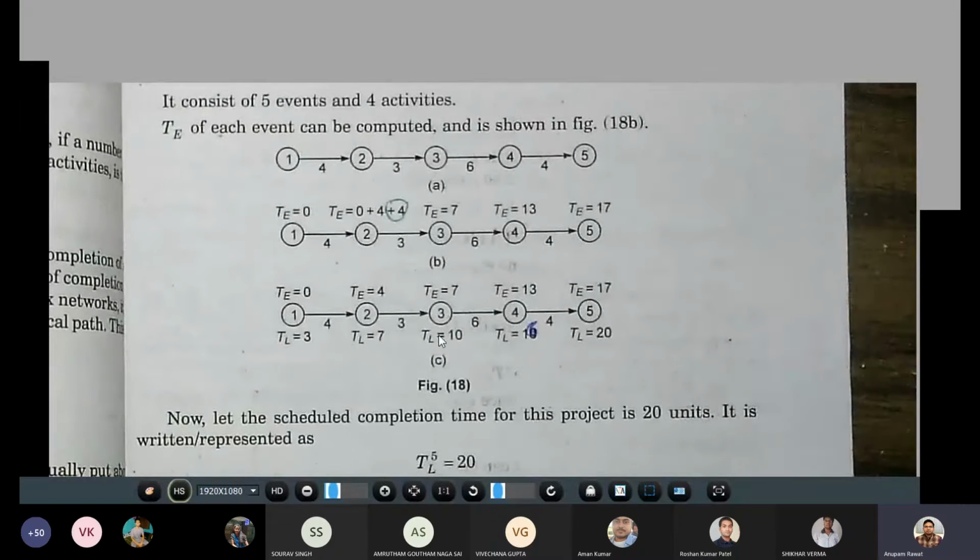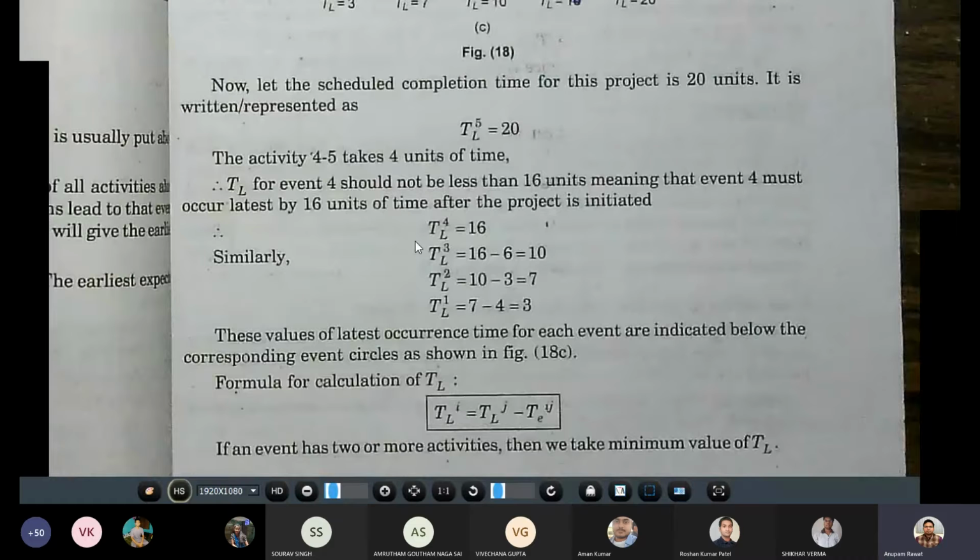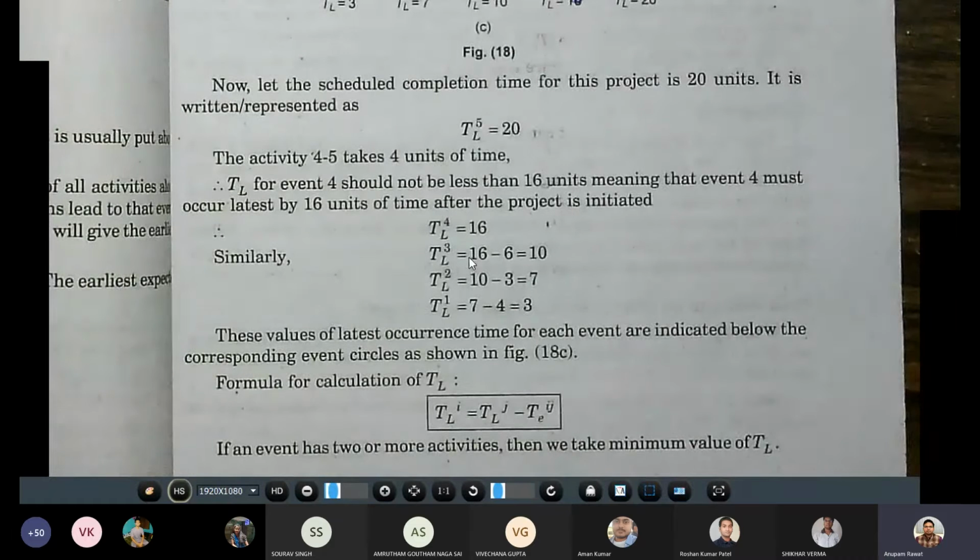Then 10 minus 3, TL is 7. Then 7 minus 4, TL is 3. So this way it is calculated. Here the calculation is given like this: 16 minus 6, 10 minus 3, 7 minus 4. So this TL time is given.